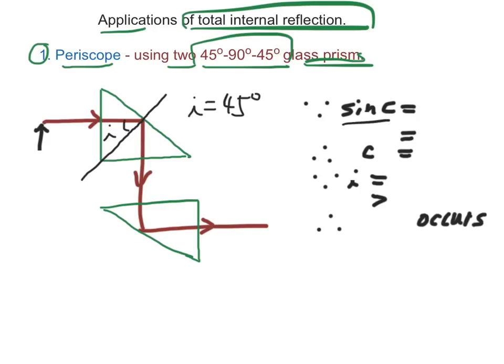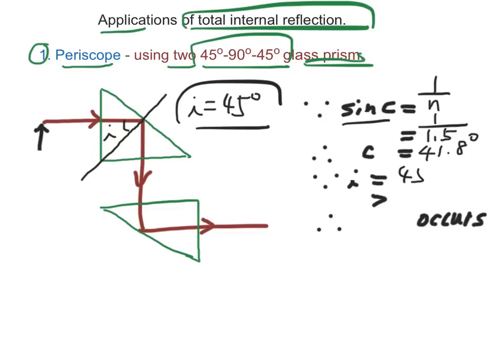By sin C equals 1 over n equals 1 over 1.5, where 1.5 is the refractive index of glass. Therefore, the critical angle of glass equals 41.8 degrees. Because I equals 45 degrees is larger than the critical angle, which is 41.8 degrees, total internal reflection occurs.